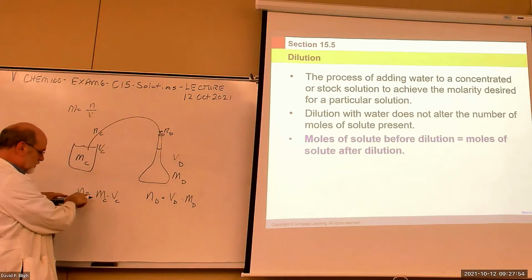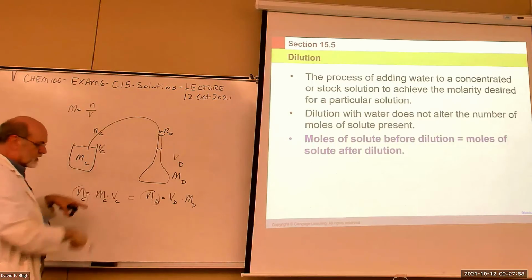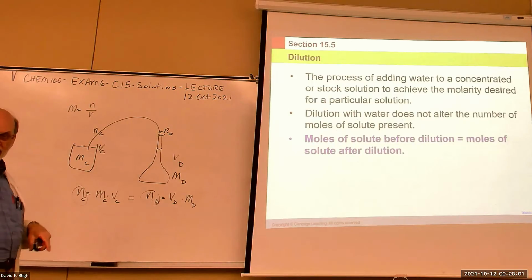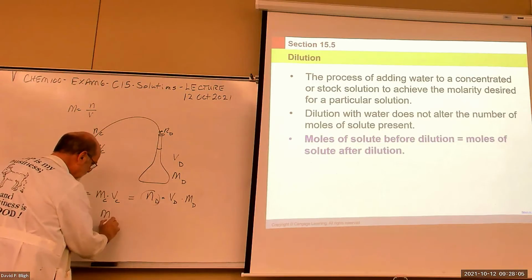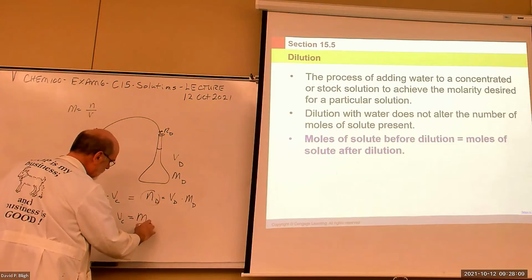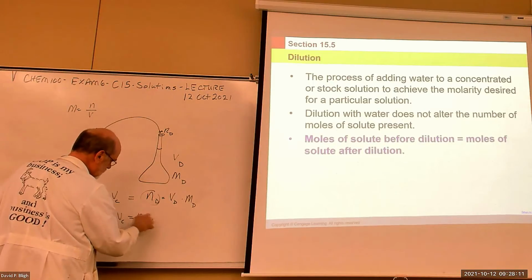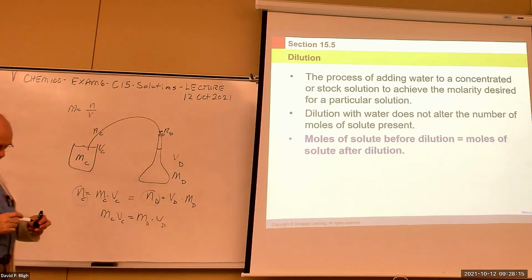Okay? But these two are equal, right? So those terms are both equal. That's mathematical identity. So the molarity times the volume of the concentrated equals the molarity times the volume of the diluted.